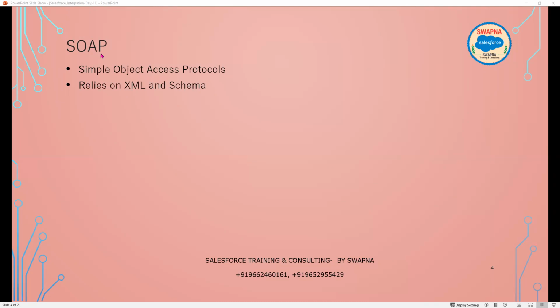Whenever we are implementing a SOAP, it is about the XML which we are going to build and generate. It is a strongly typed messaging framework. Based on whatever input we have given, an XML will be generated.